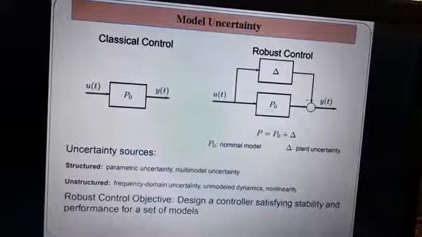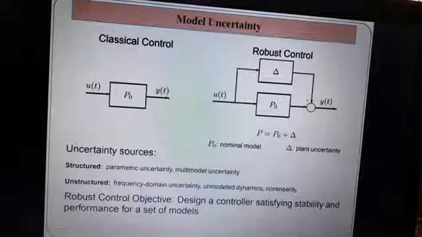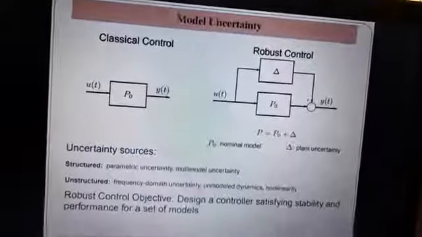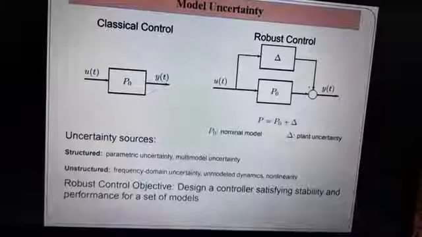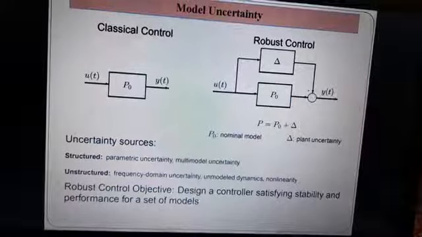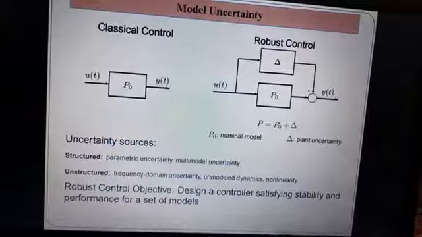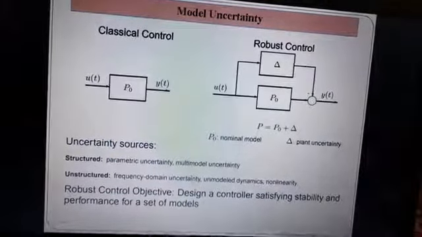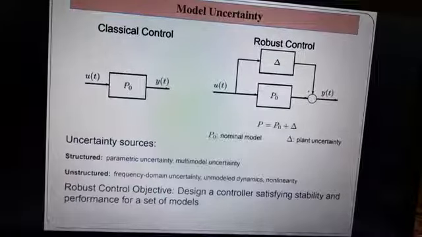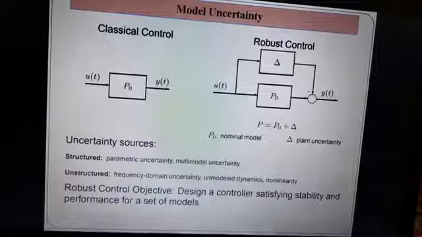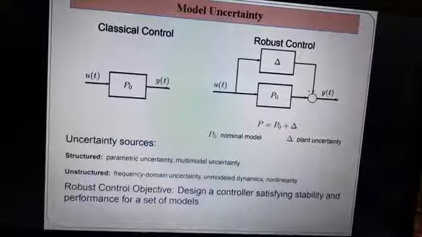With that, you can see some delta amount has been added, which is termed plant model uncertainty. Now uncertainty sources can be various. It can be parametric uncertainty, multimodal uncertainty, structured uncertainty, or unstructured uncertainty. That is a different aspect.